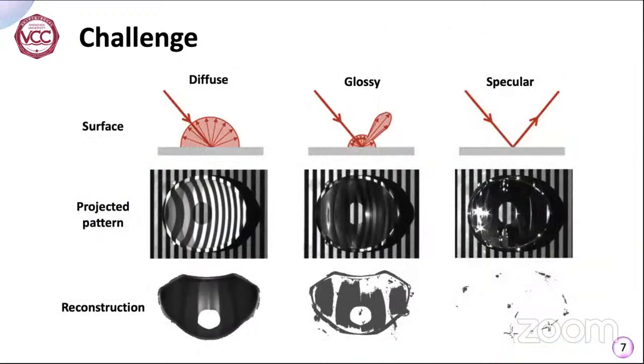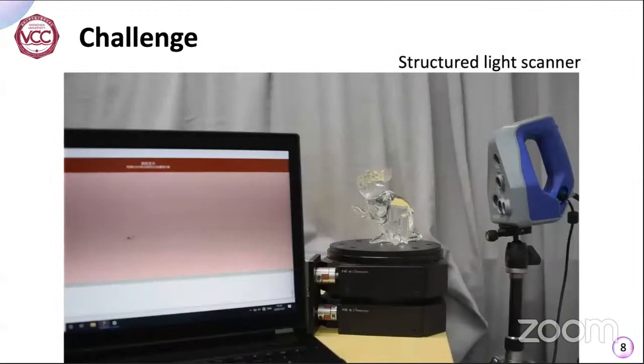Here we show a projected structured light pattern and the corresponding 3D reconstruction for 3 types of surface: diffuse, that is Lambertian, glassy, and specular. As the surfaces of the latter two do not meet the Lambertian assumption, the projected pattern is hard to detect, and the reconstruction results become worse from left to right.